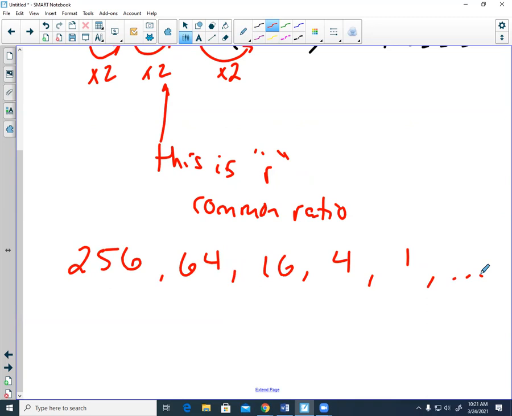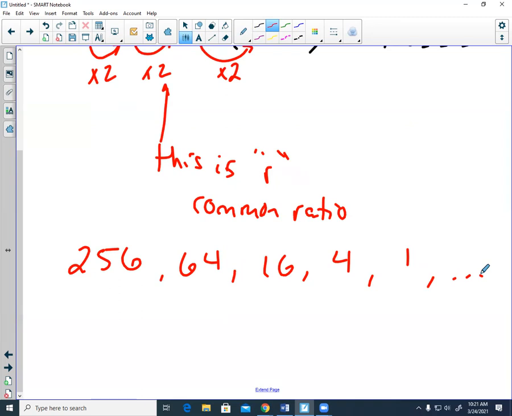Everyone could recognize that it looks like I'm multiplying by 4, or I'm sorry, dividing by 4 every time, right? So I'm taking a number, dividing by 4, dividing by 4, dividing by 4, dividing by 4. That's true, but I don't want that to be my common ratio. I need to keep things in terms of multiplication because it's going to make my life way easier.